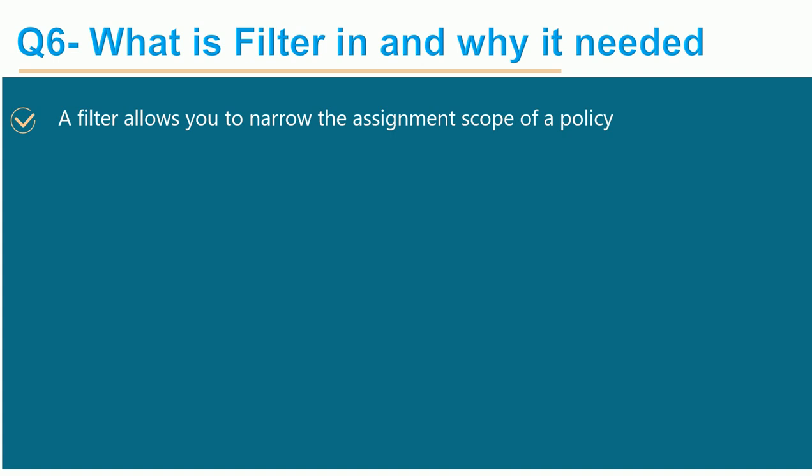I can give an example: you created a group containing Windows 10 and Windows 11 devices, but you don't want to deploy that policy on Windows 11 devices. How can you narrow it down? Your devices are already part of the group you assigned, so you can use a filter. Create a filter with Windows 11 and exclude it from that assignment, so that the policy cannot reach that particular device version.